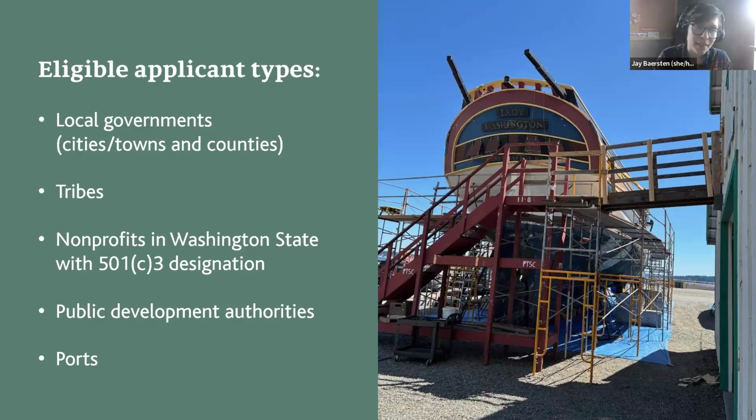So typically we say to folks, if you don't have your 501c3 designation yet, you're maybe not quite ready for this program, because it is a pretty involved and documentation heavy program, and there's a lot of work involved in this, and it's better for an organization to be more established to take on a project like this. Public Development Authority, or PDA, as they're known, and then also ports, which are typically quasi-governmental organizations.